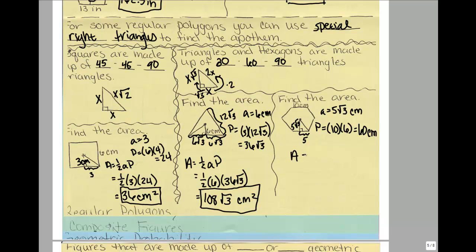So my area is half my apothem times my perimeter, which is half of 60 times 5 square roots of 3, which is 150 square roots of 3 centimeters squared.